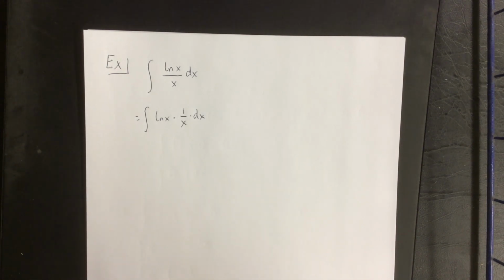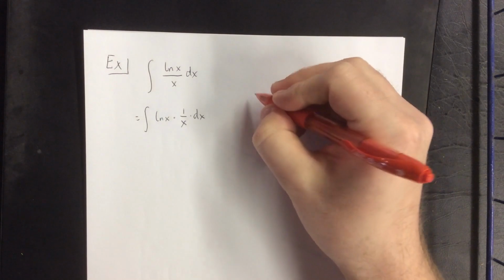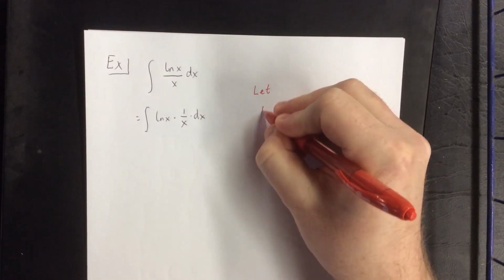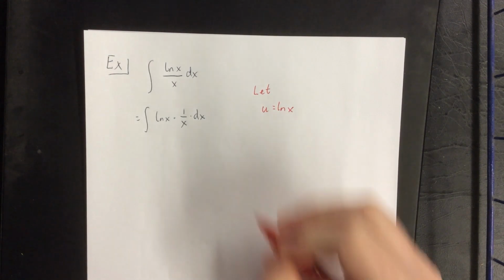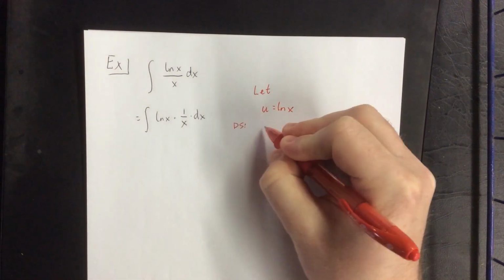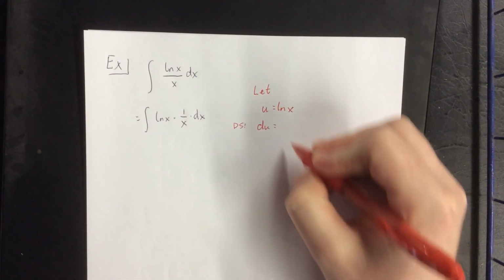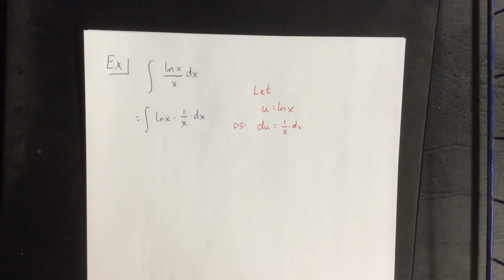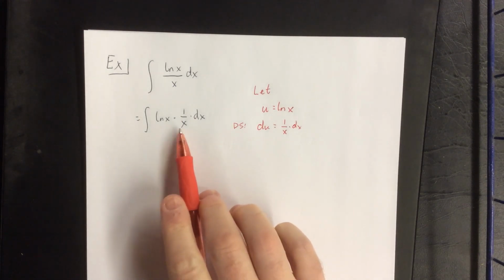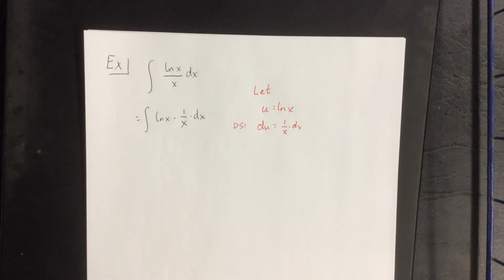The natural log of x isn't really serving as an inside function, but we can still make a substitution on it and say let u be equal to the natural log of x. For our differential substitution, that means that du is going to be equal to 1 over x times dx. That would be the derivative of the natural log. Now with that in mind, we have a 1 over x times dx contained within the problem.